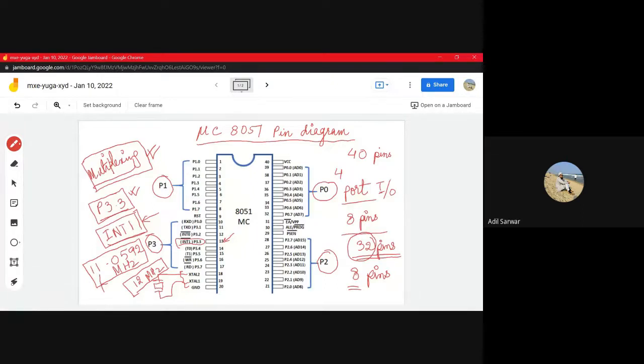So it has something to do with baud rate, which we will discuss when we deal with the serial port and serial communication through 8051. So you have to remember that we use both 12 megahertz as well as 11.0592 megahertz frequency crystal oscillators for 8051.